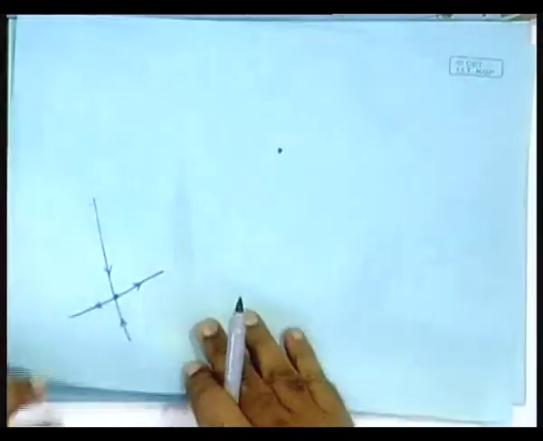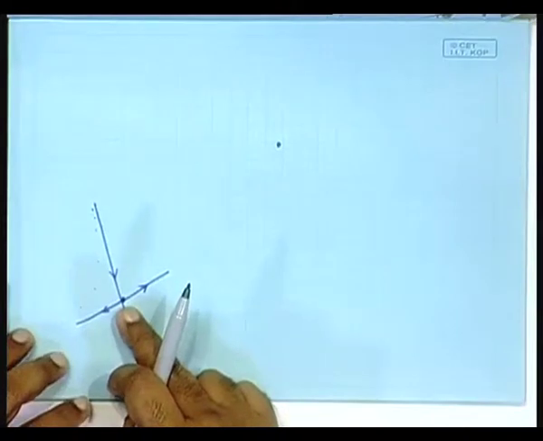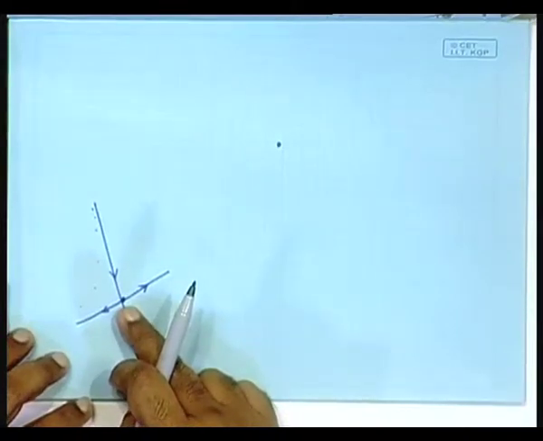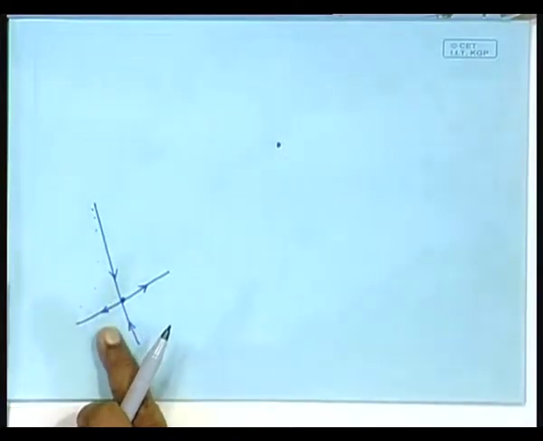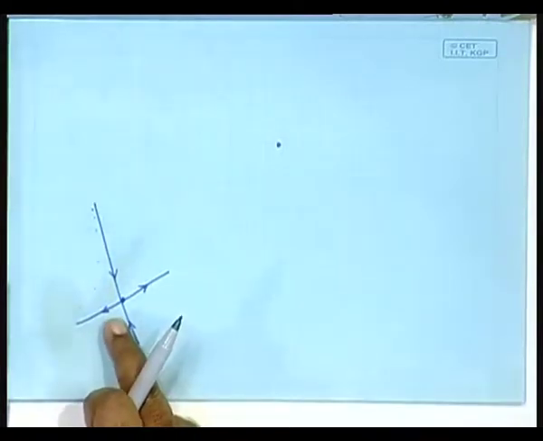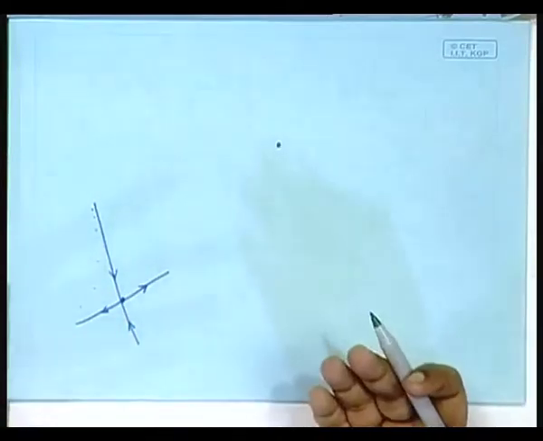What about this fellow? The fellow who was sitting not on the orbit, but on the basin boundary. There was another fellow sitting here which was not on the orbit. It was on the basin boundary. That was also a saddle, and its stable and unstable manifolds can also intersect, right? When that happens, what will result?